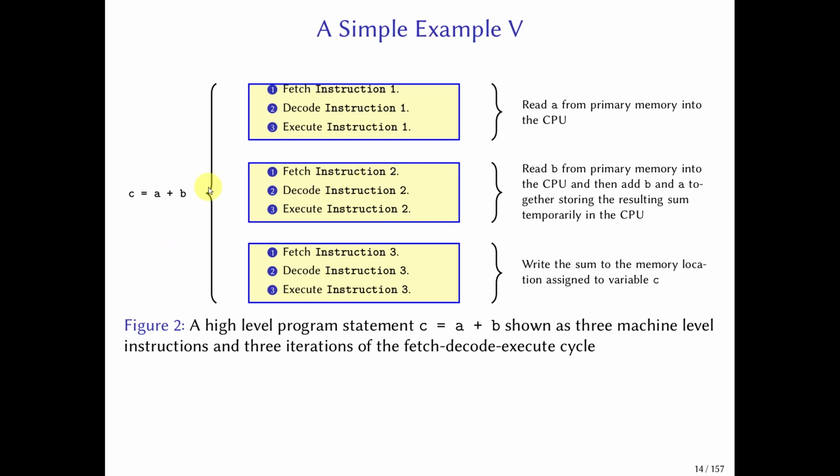So C equals A plus B translates into 9 separate things that the CPU must do in order to execute the 3 machine code instructions which are equivalent to C equals A plus B.